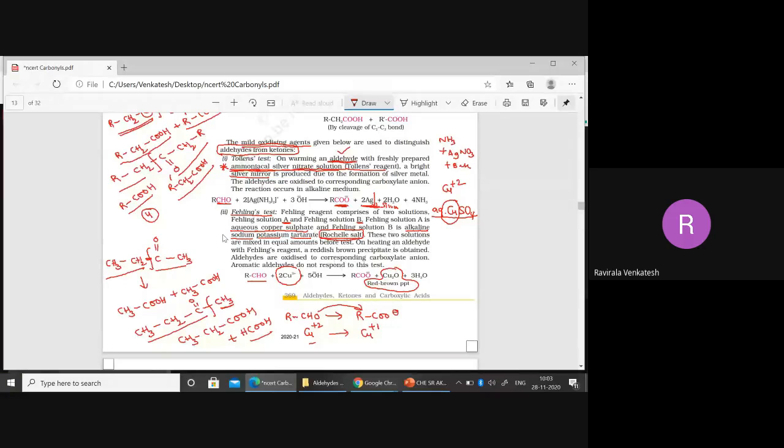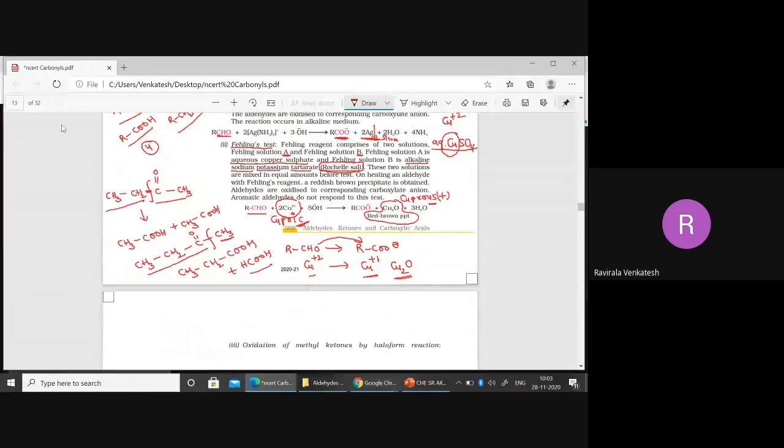I am writing copper plus 1 in the form of Cu2O, which is nothing but cuprous oxide. Cupric, plus 2, is converting into cuprous, plus 1. Ic means higher oxidation state, ous means lower oxidation state. So these are the 2 tests useful for distinguishing aldehydes and ketones.